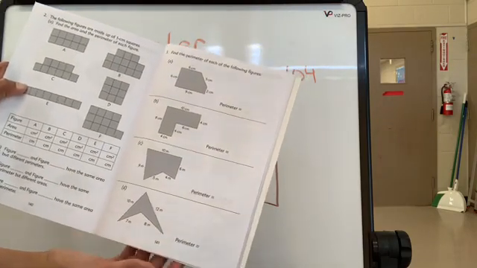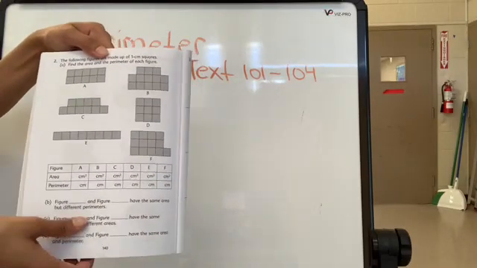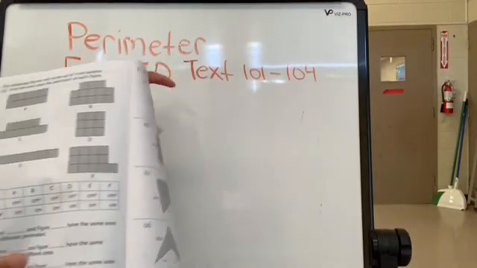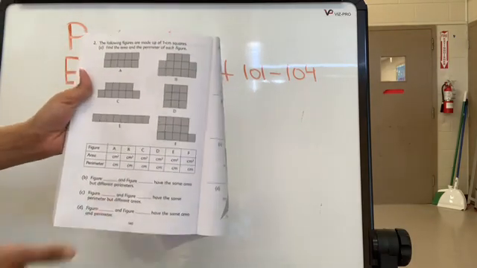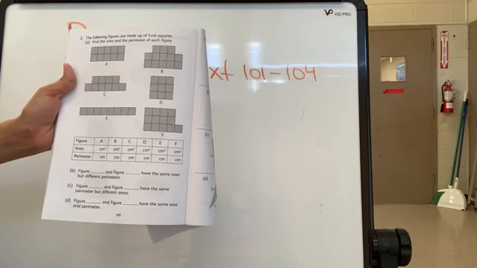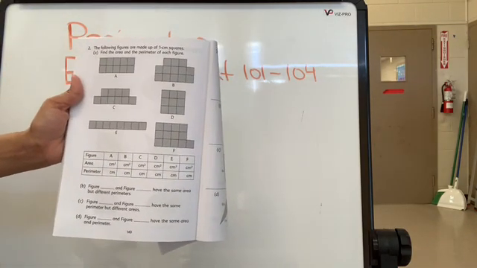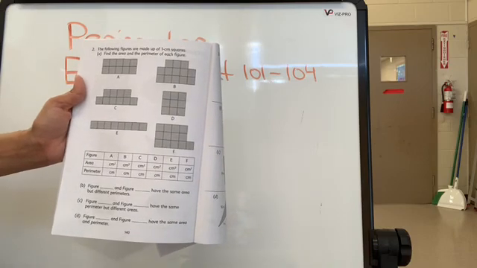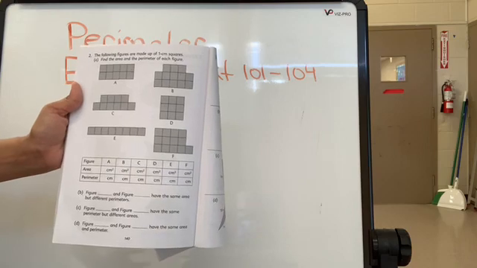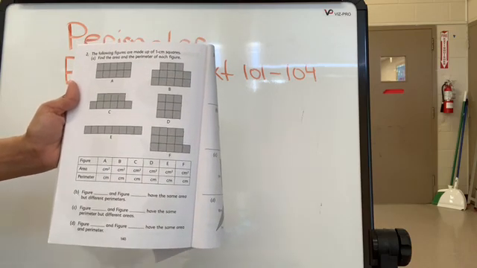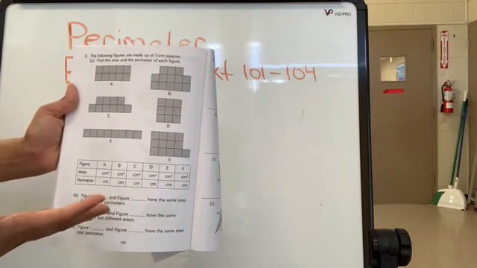Okay, so I'm not done yet. Now the next portion of your exercise, I'm still looking at your exercise 50, is asking you to find the area and the perimeter of these figures. Okay? And again, if you remember from your previous lessons or a few videos ago, we talked about area, and that area is basically talking about how much space an object or a figure is taking.